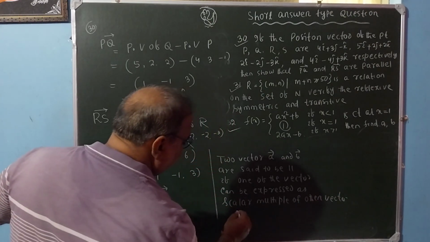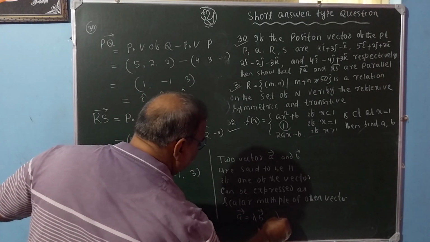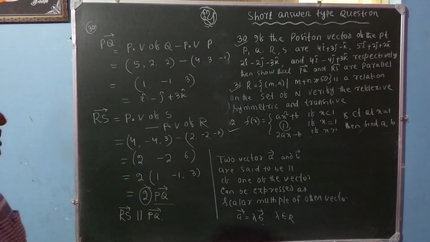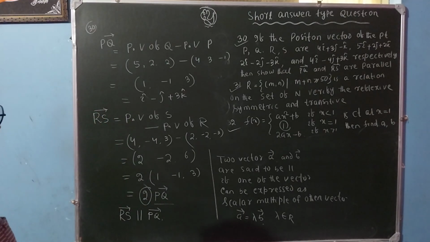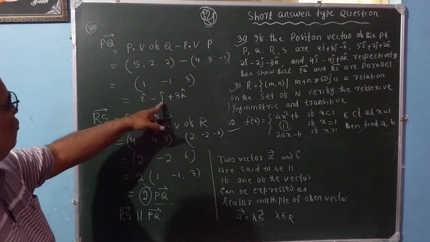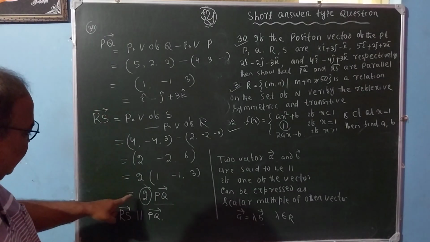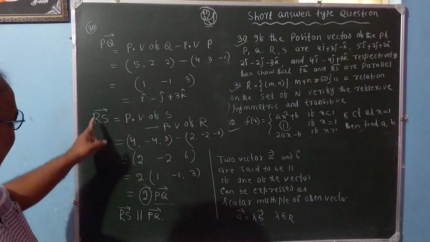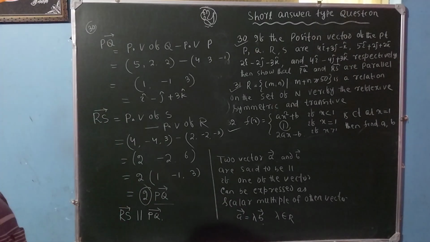That means vector A equals lambda into vector B, where lambda belongs to R. The PQ vector is found, the RS vector is found. Here it is seen that the RS vector is equal to 2 times the PQ vector. Hence, the RS vector is a scalar multiple of the PQ vector, so the RS vector is parallel to the PQ vector.